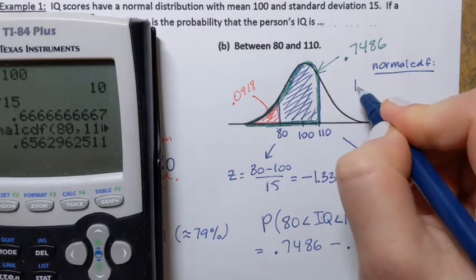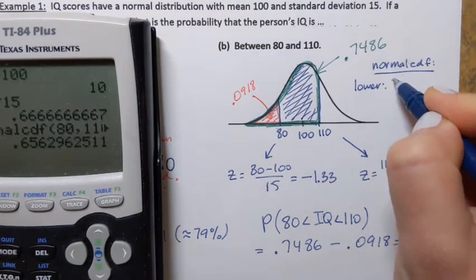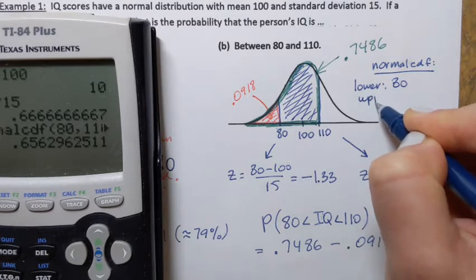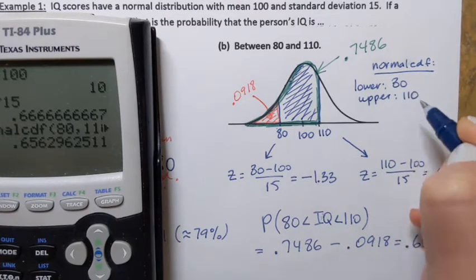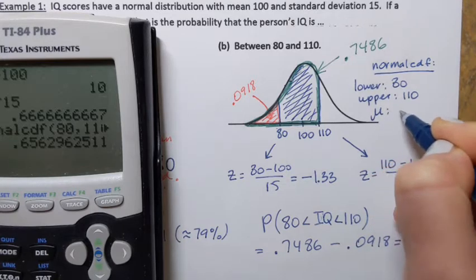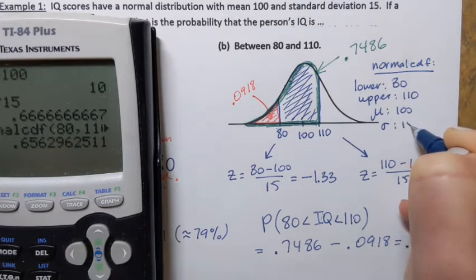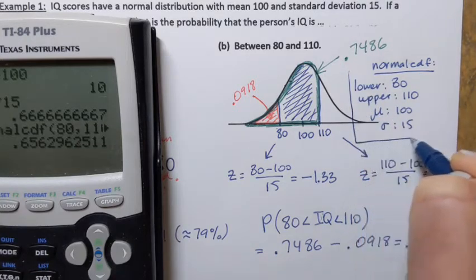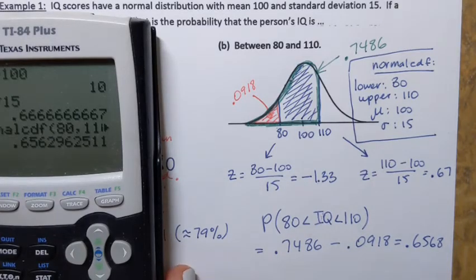So lower boundary is 80, upper is 110, mu, which is the mean, is 100, and then sigma is 15. So these are your calculator steps, and we're gonna try it again for a different example.